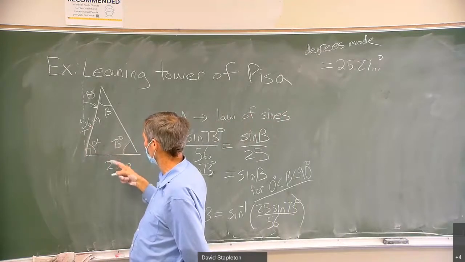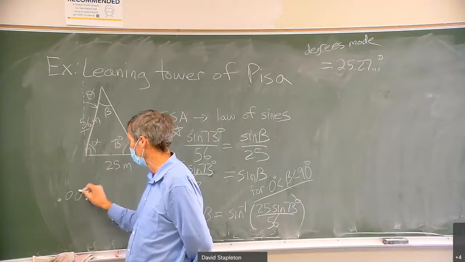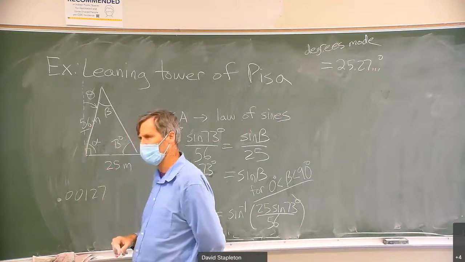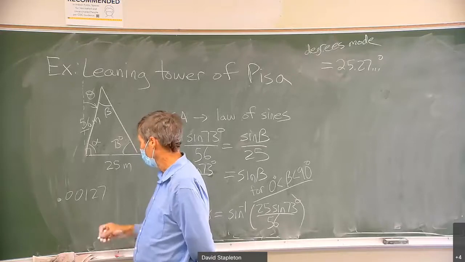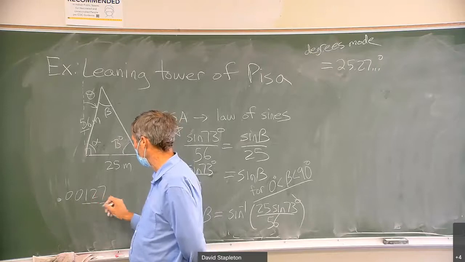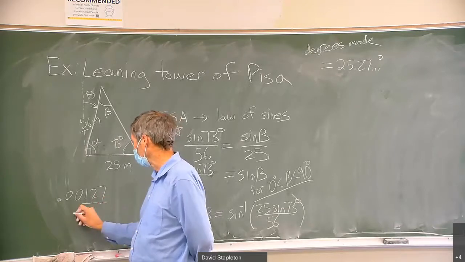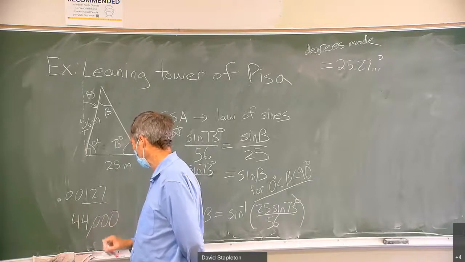That has 2 significant digits. That has 2 significant digits. If I gave you 0.00127, how many significant digits in that if that's a correctly rounded number? There's 3 digits, right? You start with the first non-zero digit, count 1, 2, 3. 3 significant digits.